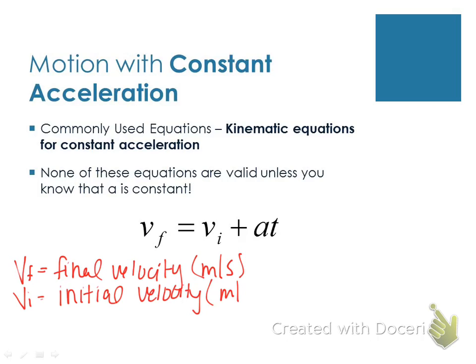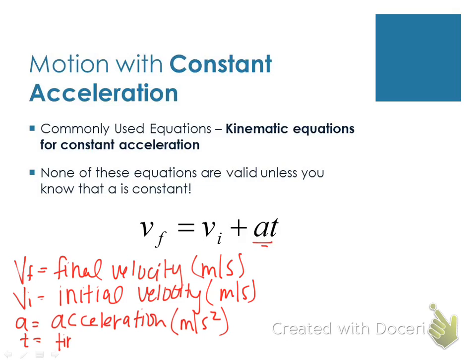Also in meters per second. What's A mean? Acceleration, good. And what's our units for acceleration? Good, meters per second squared. And finally, T is time. And it's in just seconds.